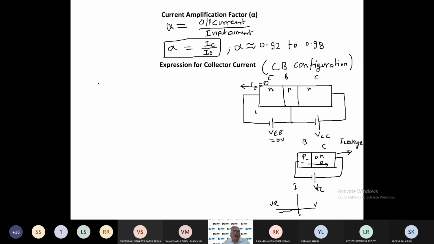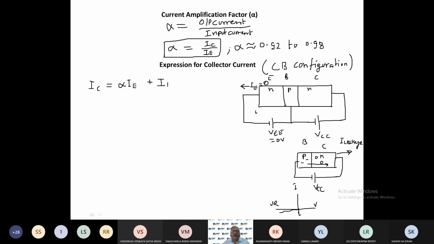Okay. So IC, you can represent IC as alpha IE, right? Due to this expression, IC is equal to alpha IE plus this collector current has some leakage current component also.